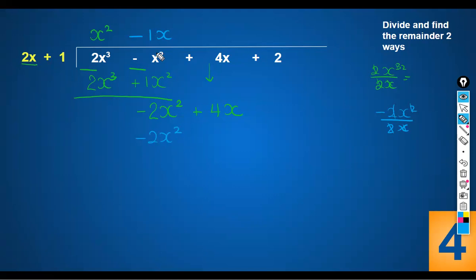Okay. No problem, Kenya. Minus 1x by positive 1 is minus 1x. Put some minus signs here. And then minus these two, we will get 0. 4 minus minus, that'll give us 5x.